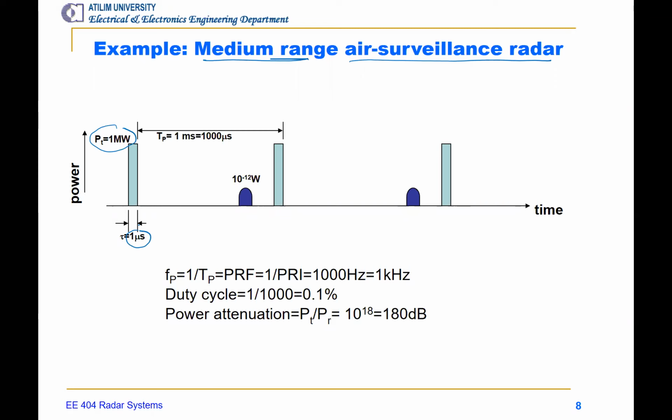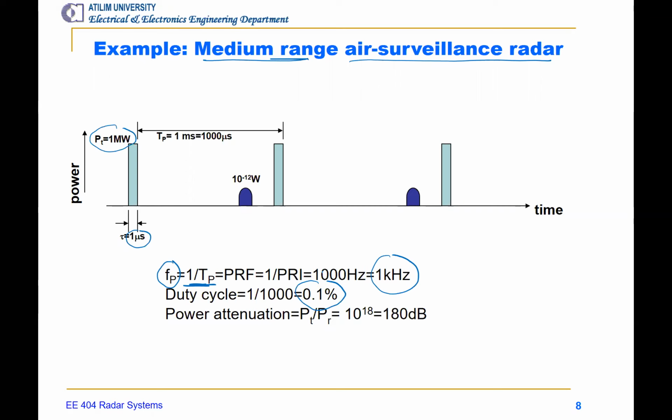This is quite realistic. And the PRI, pulse repetition interval, is on the order of thousands of microseconds, so milliseconds. So then we can determine PRF, duty cycle, and also power attenuation, which is another parameter that we will be discussing later. The PRF here will be then 1 over PRI, which is 1 kilohertz in here. Okay? And duty cycle then is going to be 0.1%.